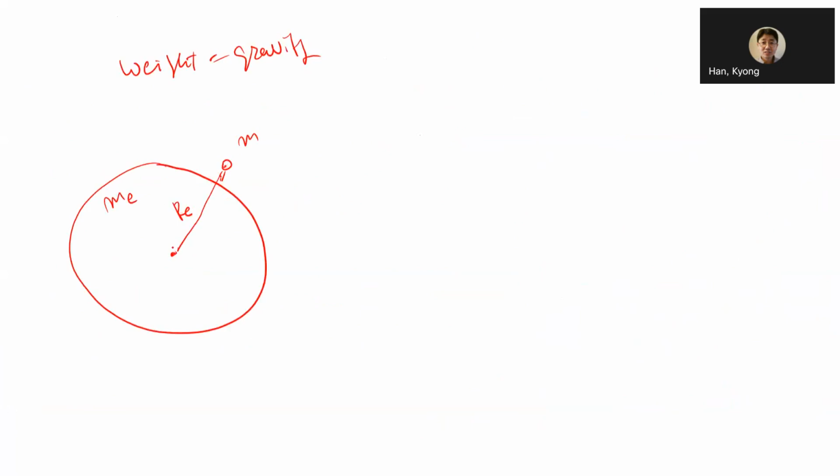From me to the center of the earth, we can find the force F equal to G M E m divided by R E squared, where M E is the mass of the earth and R E is the radius of the earth.